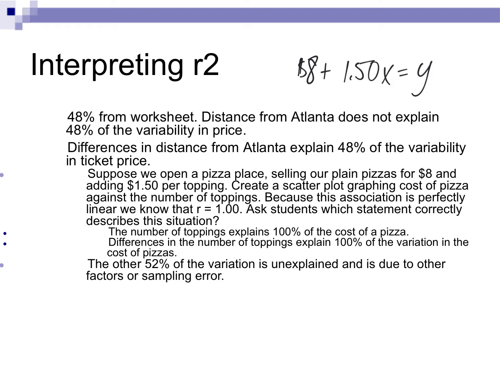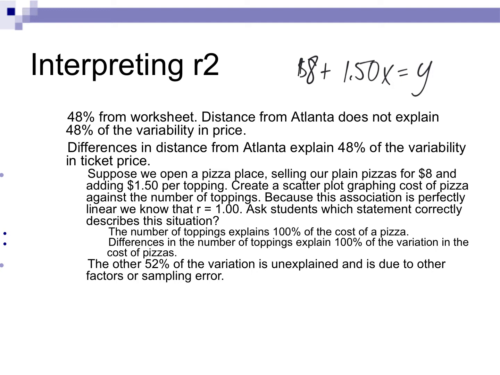The number of toppings is changing. When the number of toppings changes, the price changes, right? And so to describe r squared, it's talking about how the variability in the x variable affects the variability in the y variable, and how much can the model account for that.